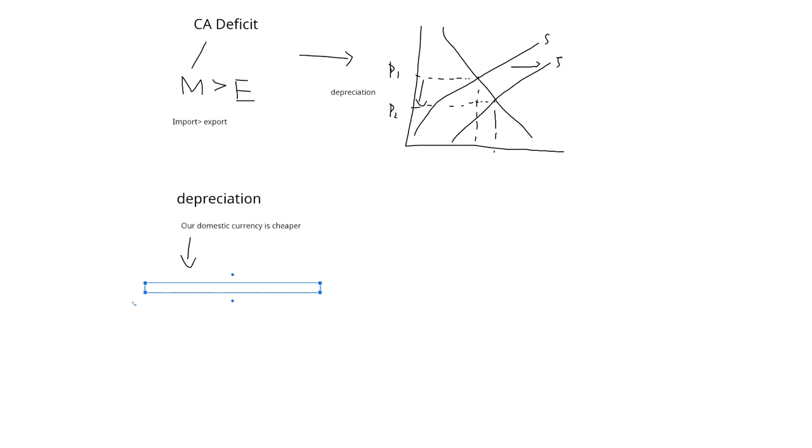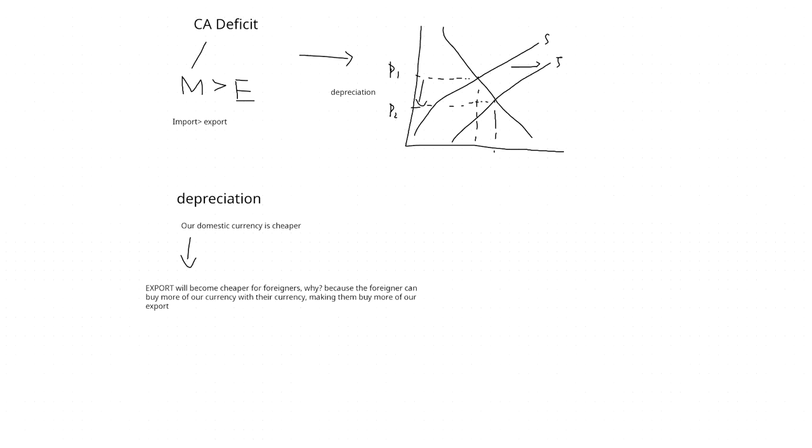Because the foreigner can buy more of our currency with their currency, making them buy more of our export. Let me bold the export part. Export will become cheaper.